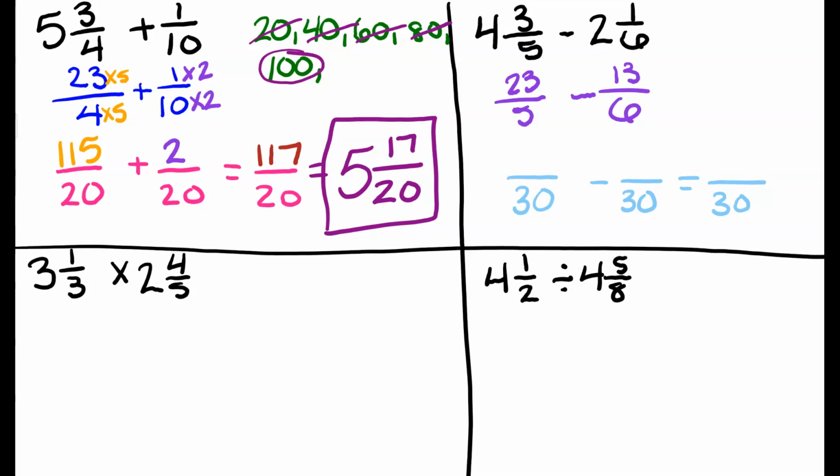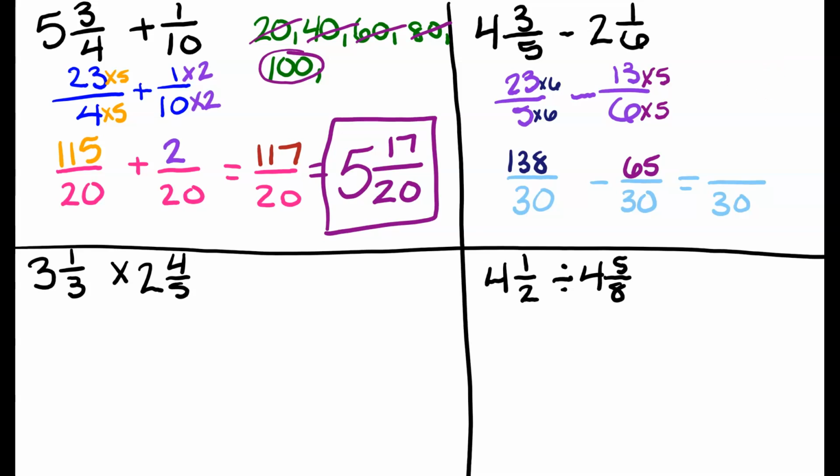To get 30 with my 5, I did 5 times 6, and I have to do that to the top. So 23 times 6, 3 times 6 is 18, 2 times 6 is 12, plus 1 is 138. And to get 6 into a 30, I did 6 times 5, so I have to do 13 times 5. 3 times 5 is 15, 1 times 5 is 5, plus 1 is 6.